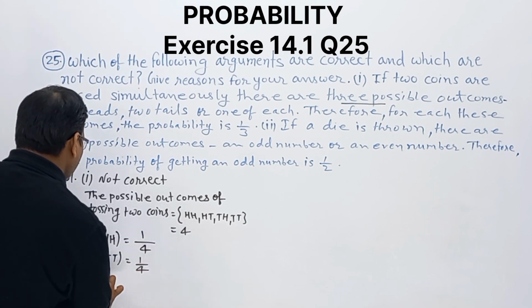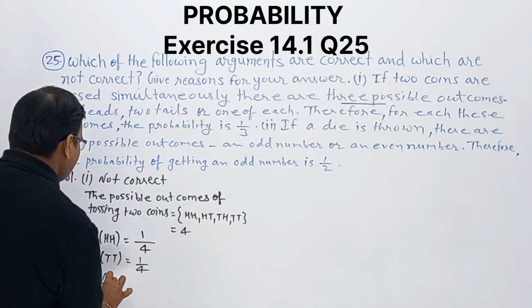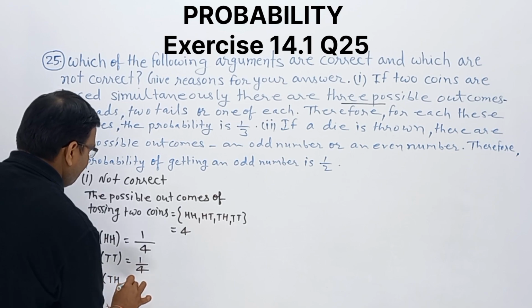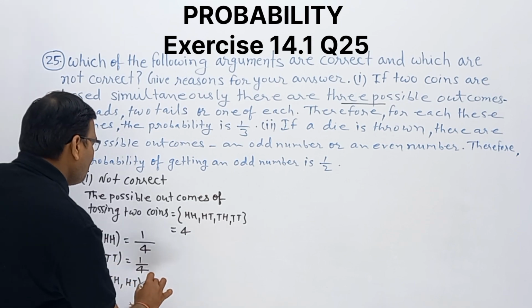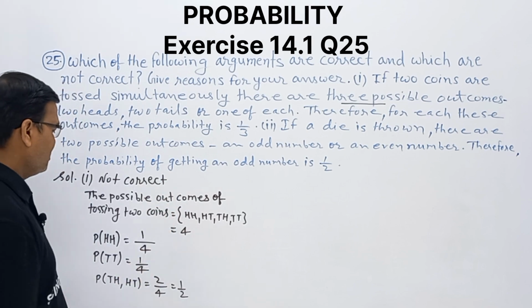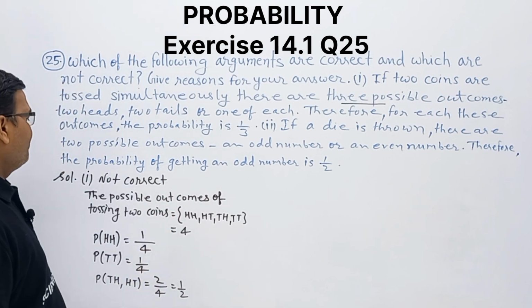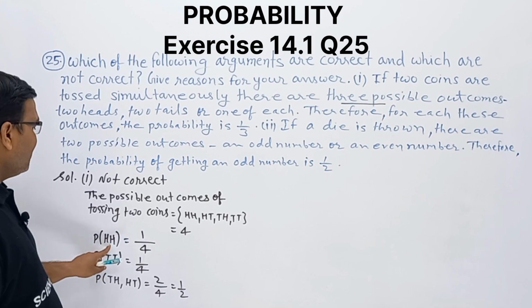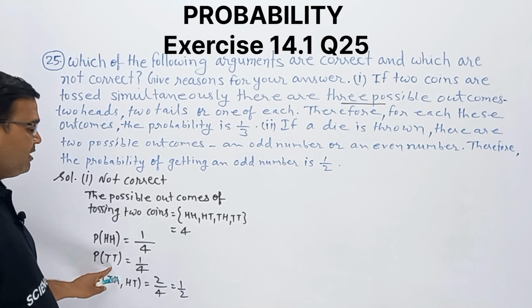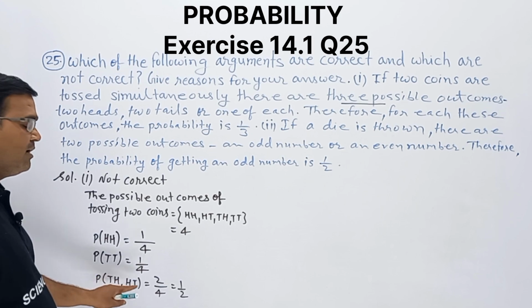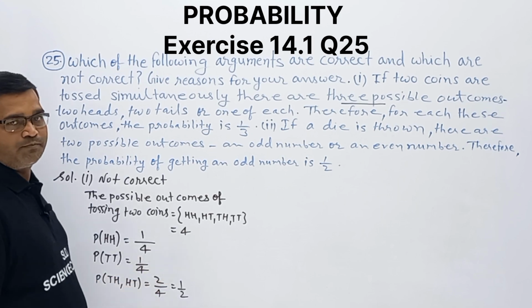Probability of getting tail tail is 1/4. Probability of getting tail head and head tail: two favorable outcomes, so 2 divided by 4, we get 1/2.